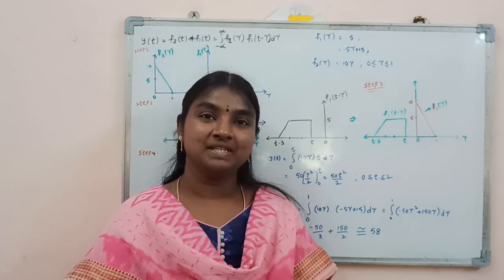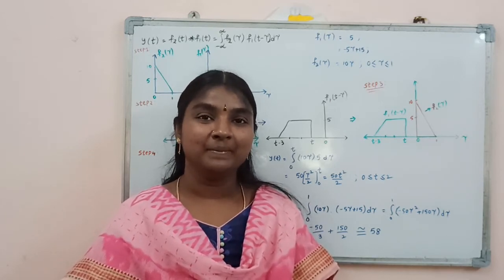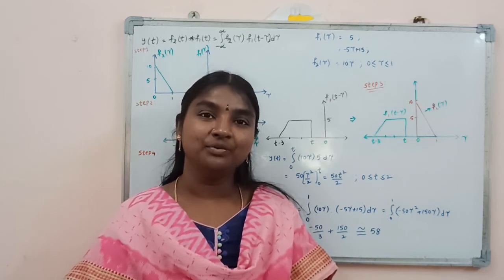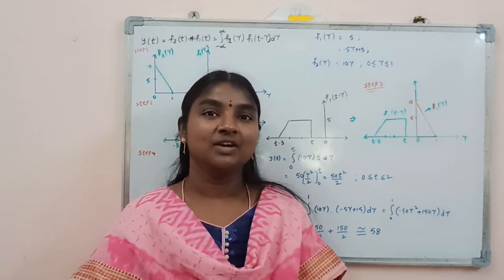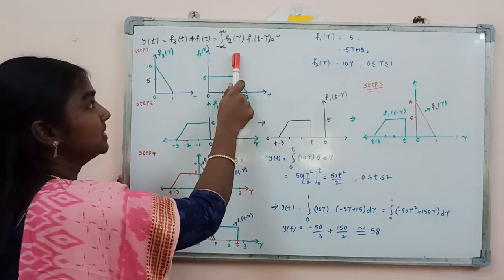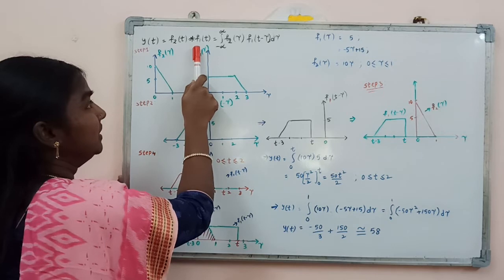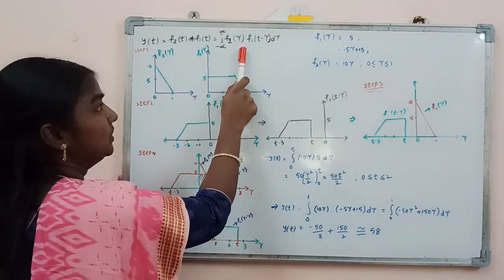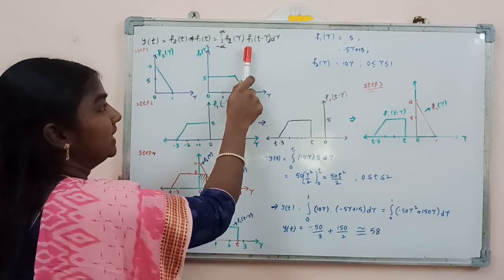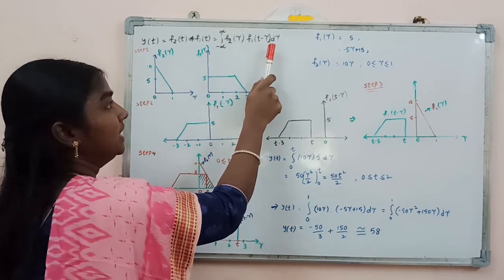Now the same question I am going to solve by considering the f1 of t signal as moving and the f2 of t signal as a constant signal. So here is the principle we are going to use: f2 of t convolution f1 of t is equal to the integration from minus infinity to plus infinity of f2 of tau and f1 of t minus tau d tau.